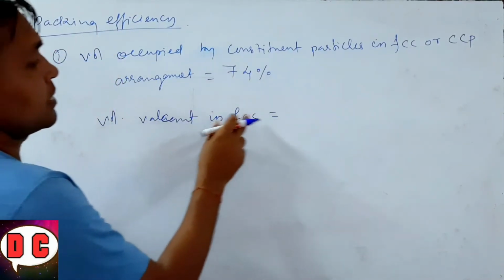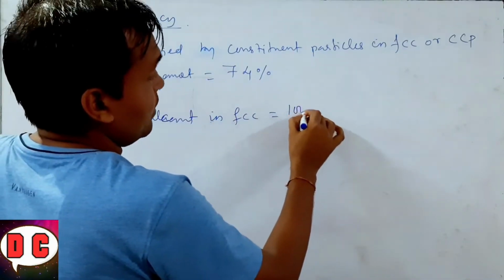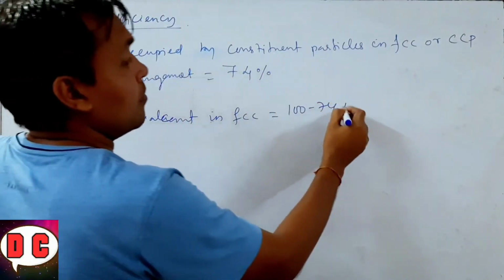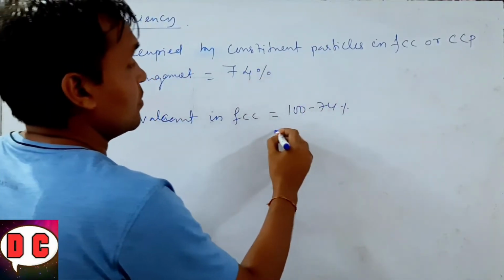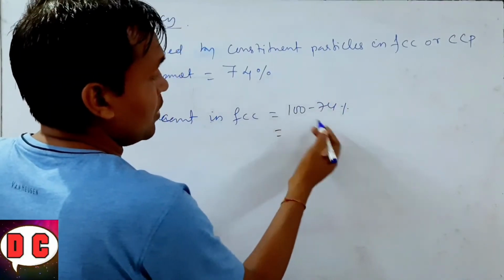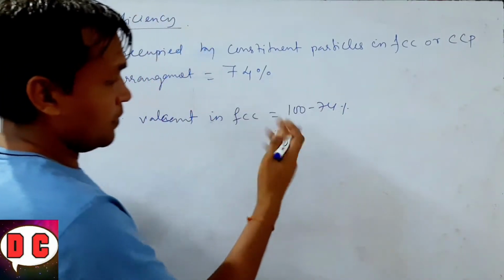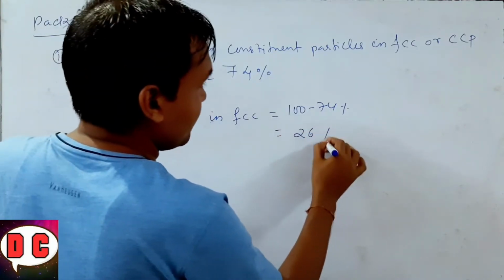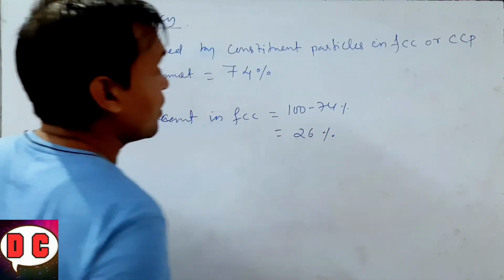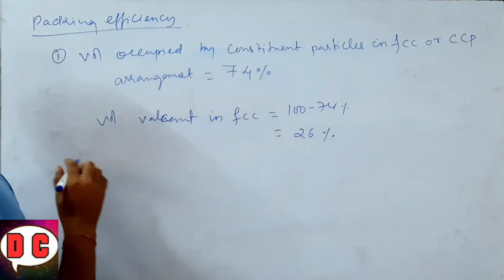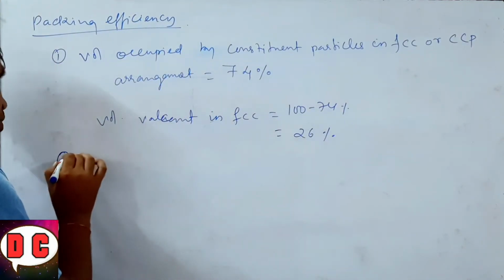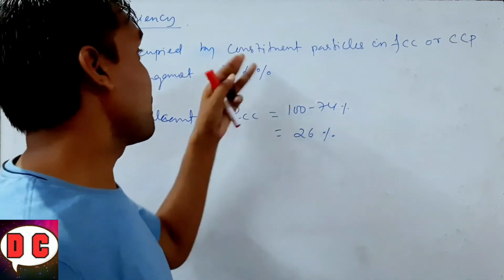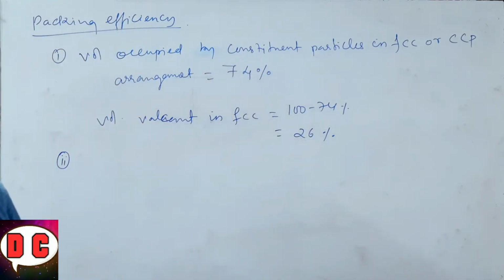Then volume vacant in FCC equals 100 minus 74, the occupied one, so you get the left out one, 26%. It is vacant in FCC. This percentage is very important. I'm not doing the derivations because derivation is not that important, but percentage is important. It used to come for choose the correct.